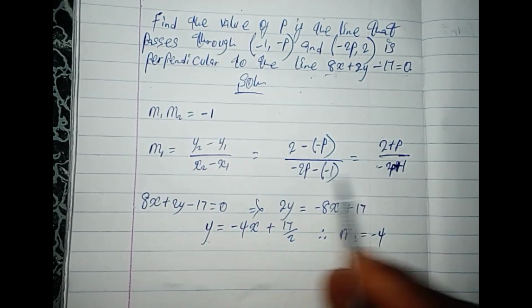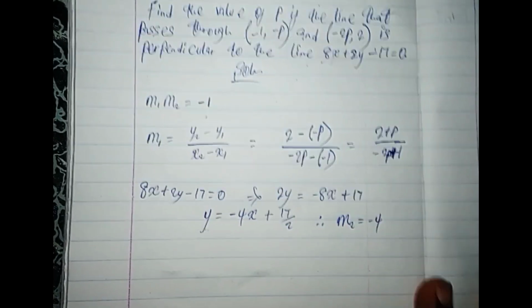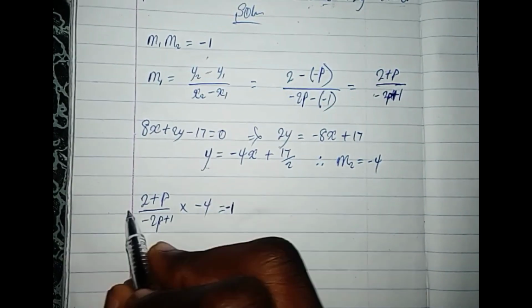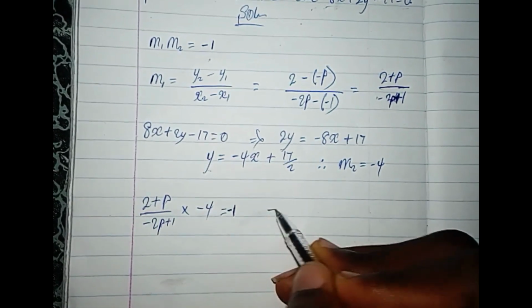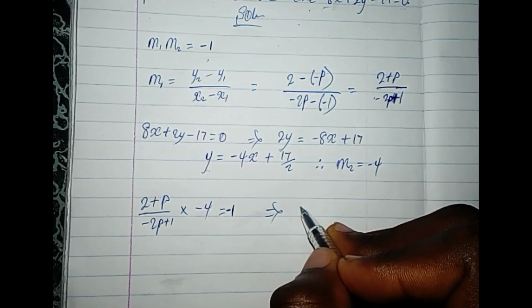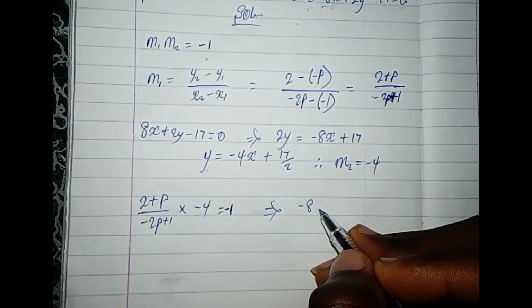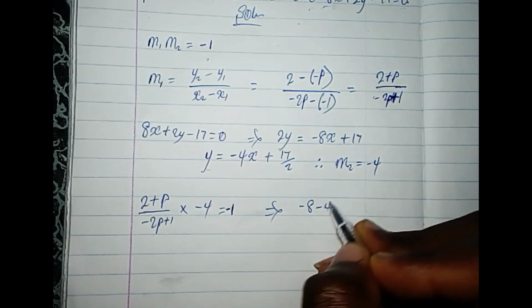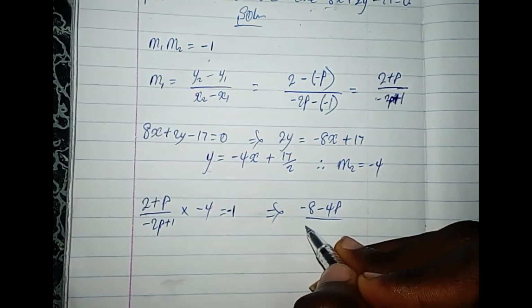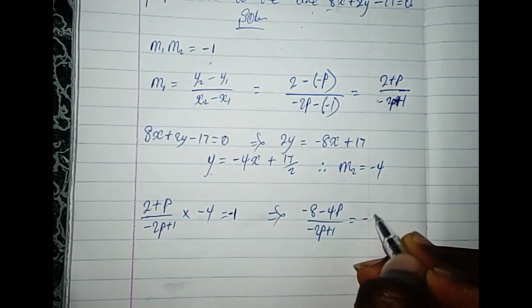So we have our m1 and our m2. Why not multiply and equate them to be -1, as the rule has said? Multiplying the numerators, we see that -4 times 2 is -8, and -4 times p is -4p. And this is over -2p plus 1, equals -1.